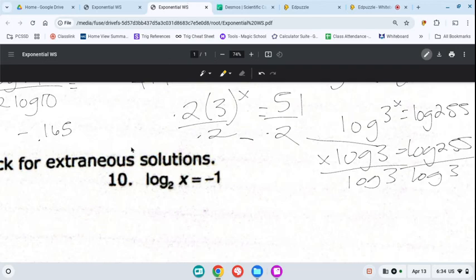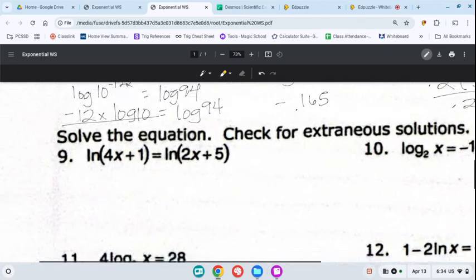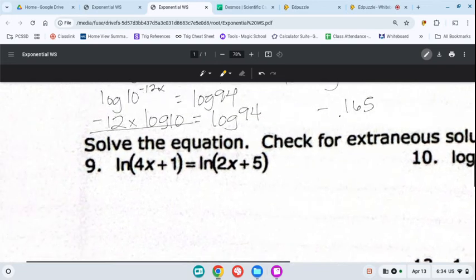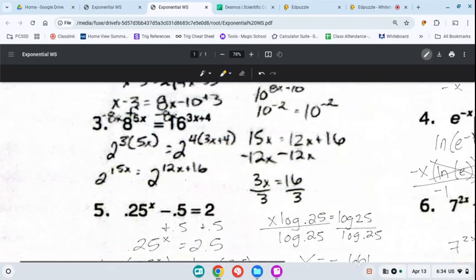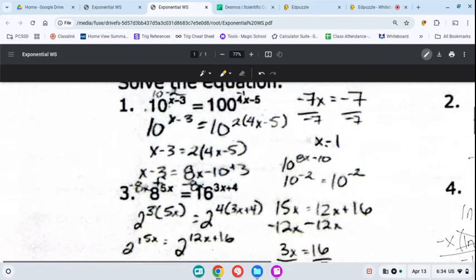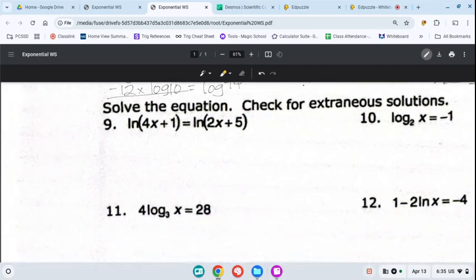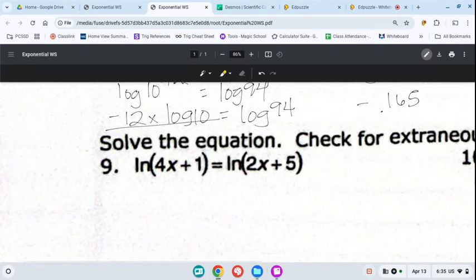So number 9 says check for extraneous solutions. Well, we have the same base here. So just like in number 3 and number 1, we had to get to the same base so that our exponents could equal each other. Now we have the same base, so our arguments can equal each other. So we have 4x plus 1 equals 2x plus 5.